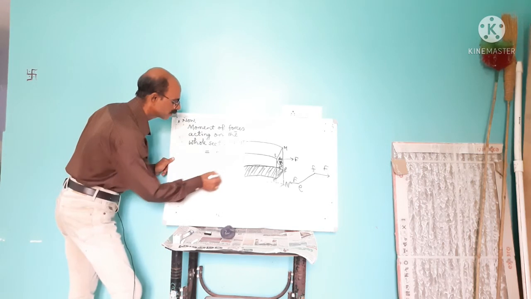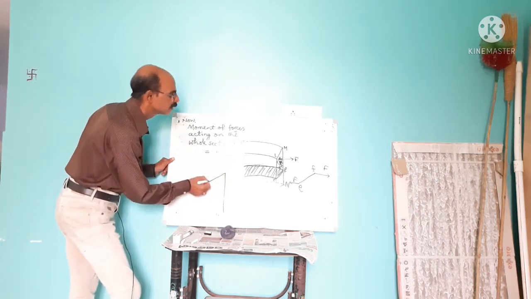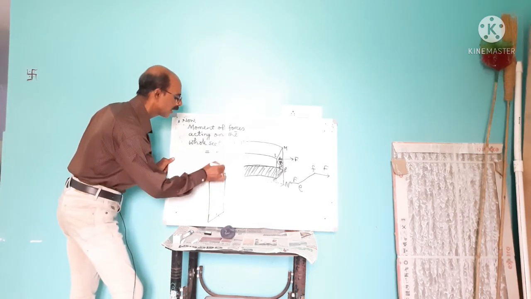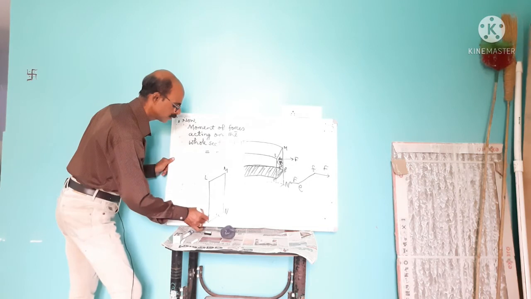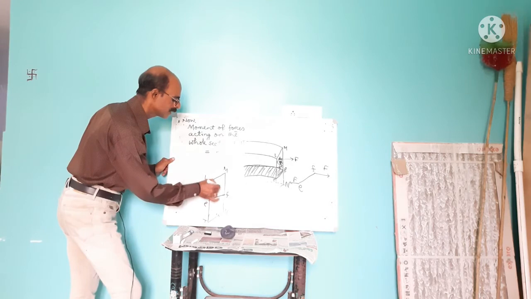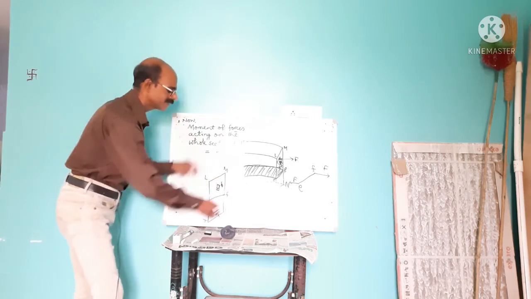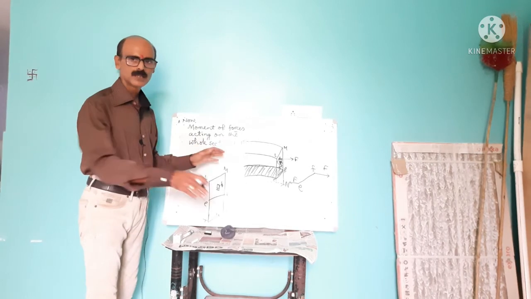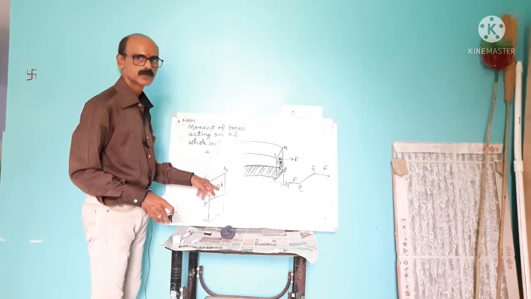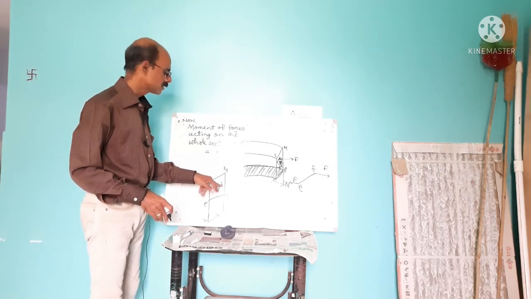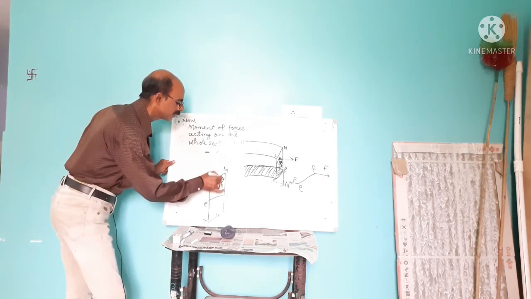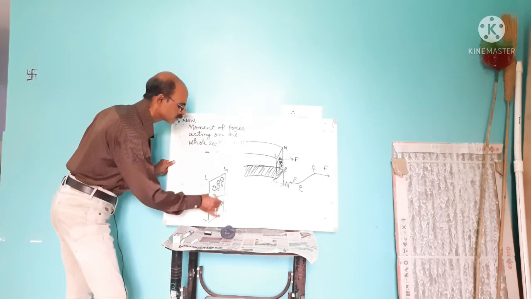I am drawing the diagram separately. This is L, M and T. Here it is EF. We have taken a single area delta A. We can divide this L, M and T into so many small areas of delta A, like this.